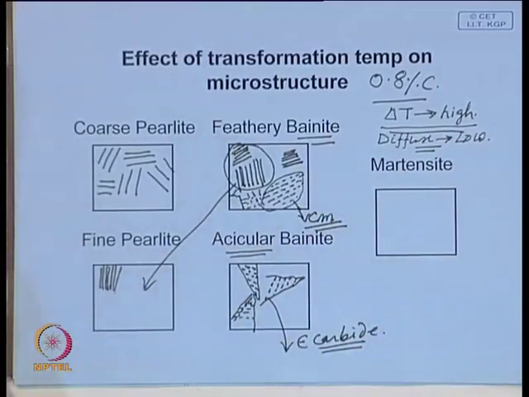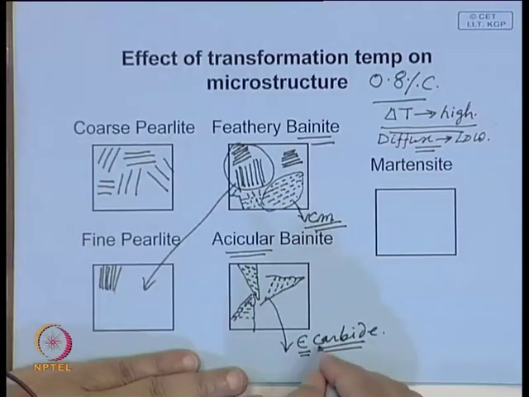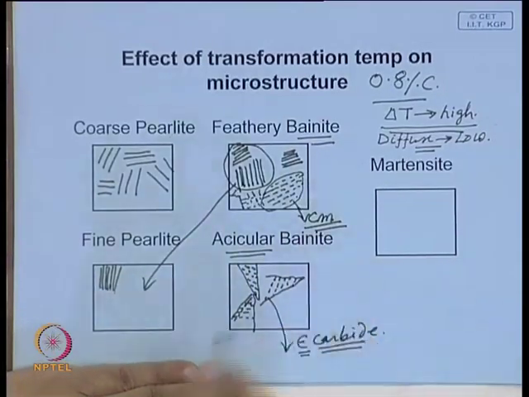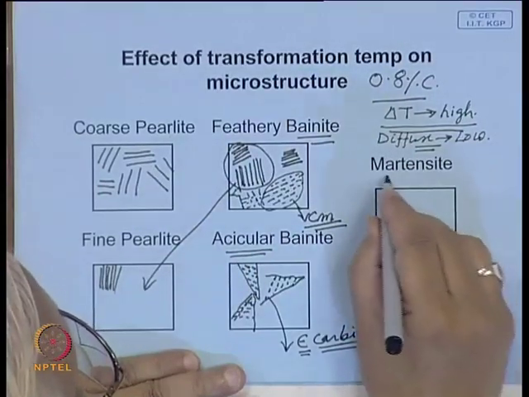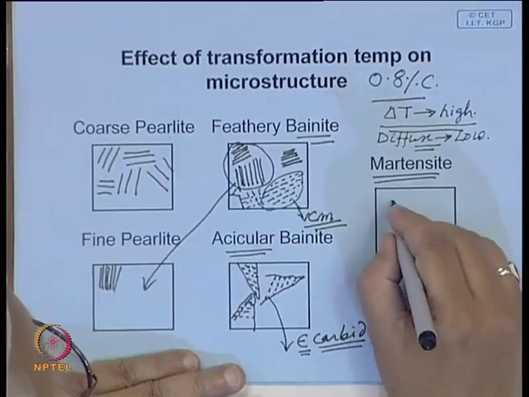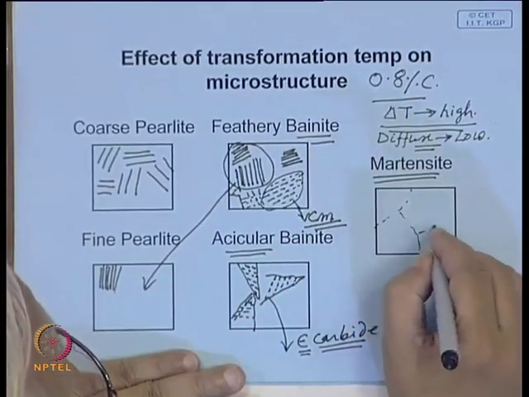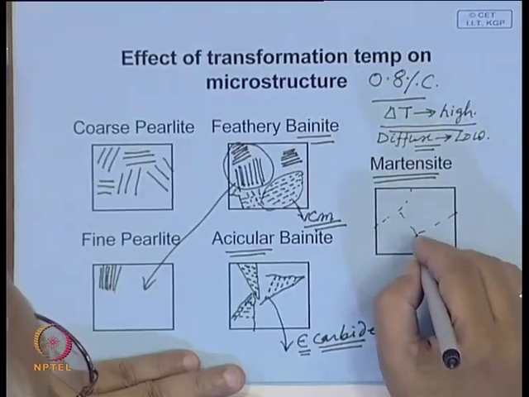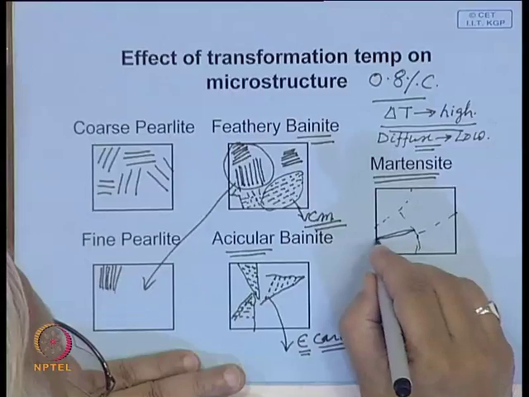And we have seen that metastable structures may have different compositions and different crystal structures. Now, in this extreme case, when you have Martensite, you do not allow the carbon to precipitate out. If these are the austenite grains, within this austenite grain you have a needle type of structure forming.